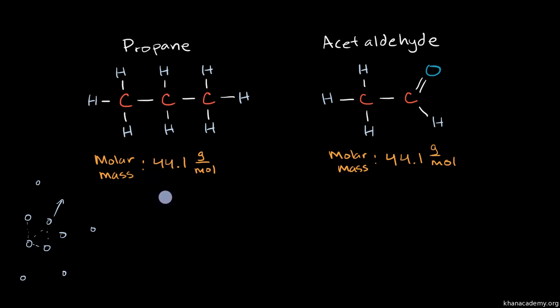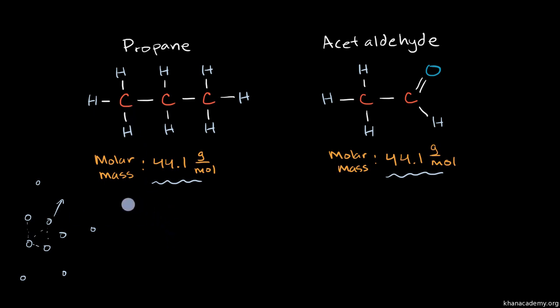And we said that you're going to have more of those London dispersion forces the more polarizable your molecule is, which is related to how large of an electron cloud it has, which is related to its molar mass. And when we look at these two molecules, they have near identical molar masses. So you might expect them to have near identical boiling points. But it turns out that that is not the case.